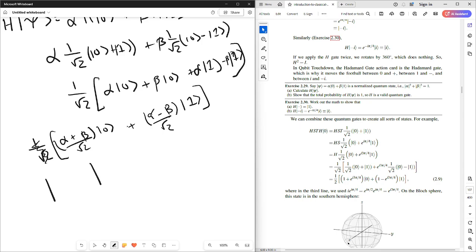So let's take the norm square of alpha plus beta over square root of 2, alpha minus beta over square root of 2.